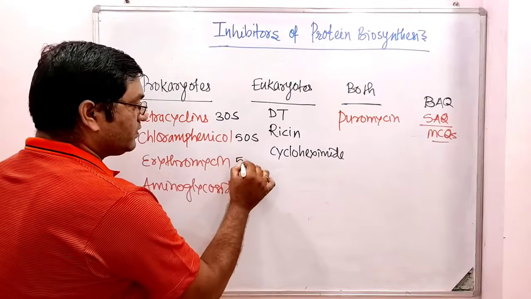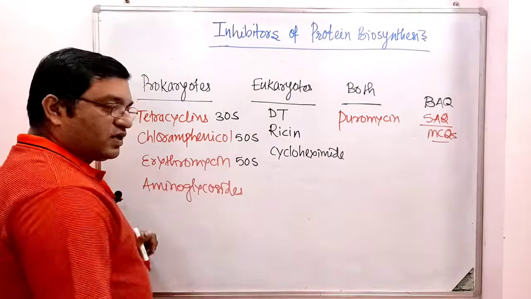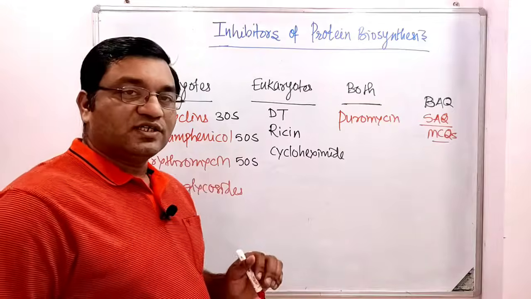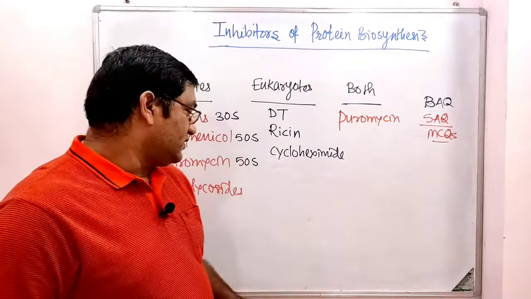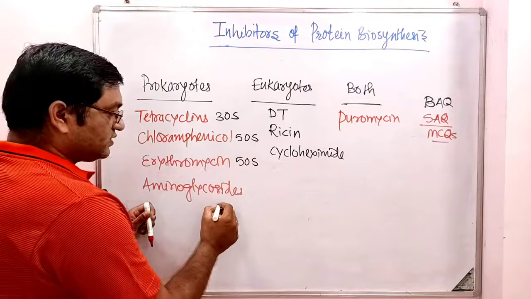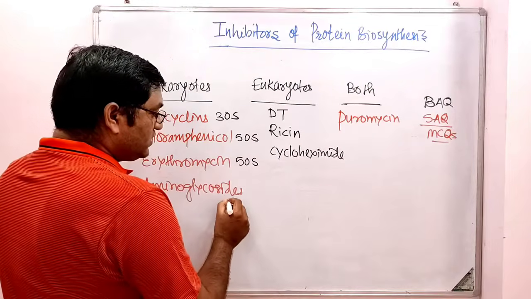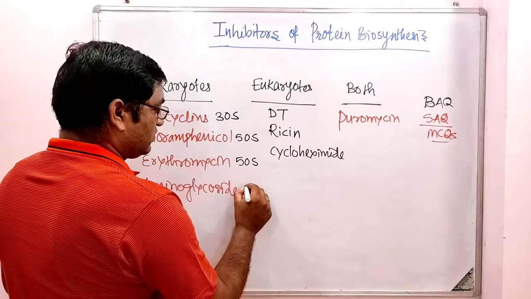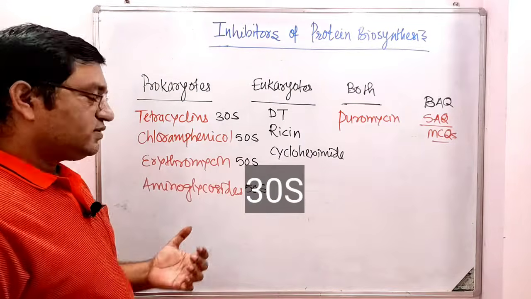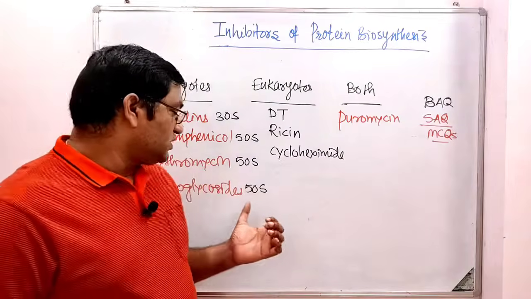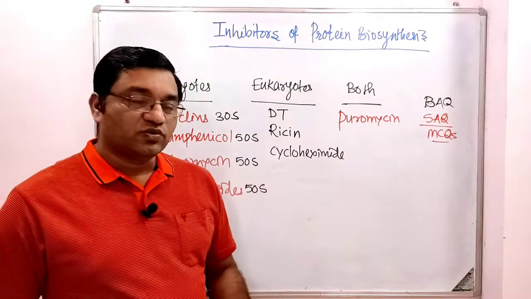Erythromycin binds with the 50S ribosomal unit and prevents the translocation of tRNA to the P site. Then aminoglycosides block the initiation process. It binds with the 50S ribosomal unit and blocks the initiation of the translation process.